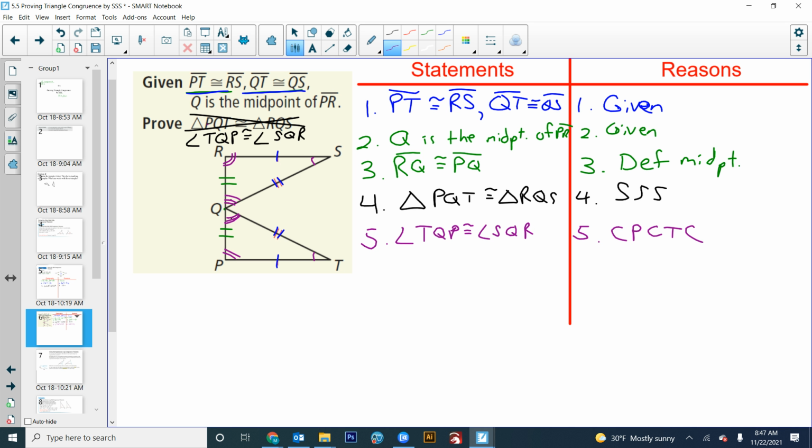If you're asked to prove a pair of parts of the triangles, angles or sides, you still prove the triangles congruent by SSS or SAS, but you have to go a step further and say, oh yeah, now those corresponding parts are congruent. Does that make sense? It's one extra step. How will you recognize it? If they say prove angles or sides congruent. Triangles, SSS, SAS. Stop. Beautiful.